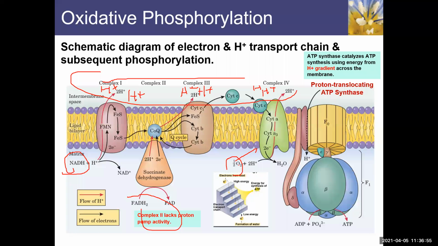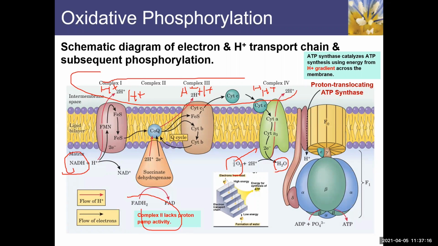Two protons and the electrons will combine with the oxygen. In simple terms, oxygen pulls the electrons. It has such a great affinity towards the electrons that it will pull them, and you will see that water will be produced here.